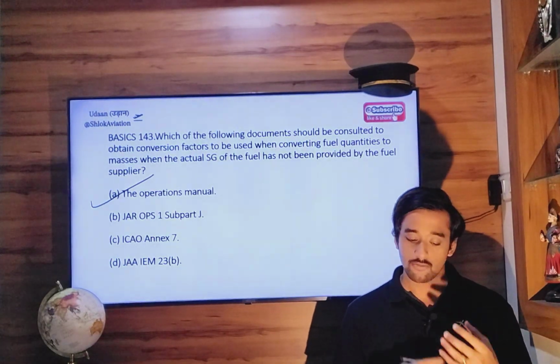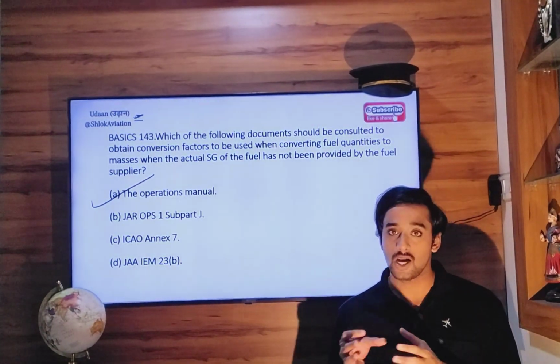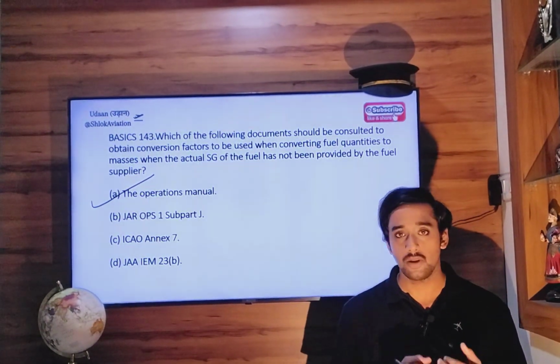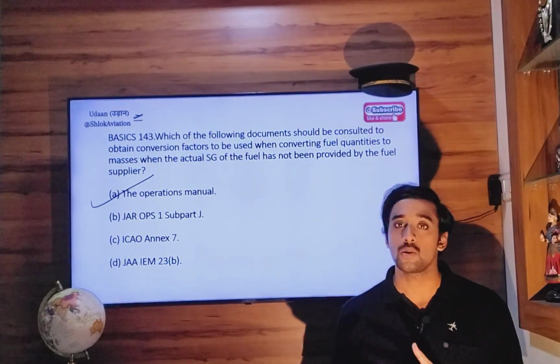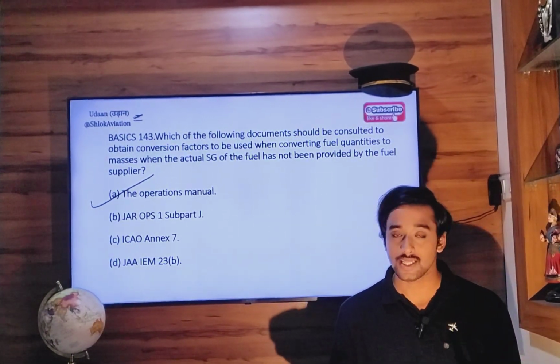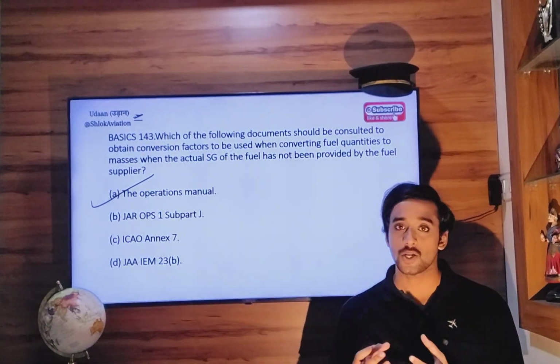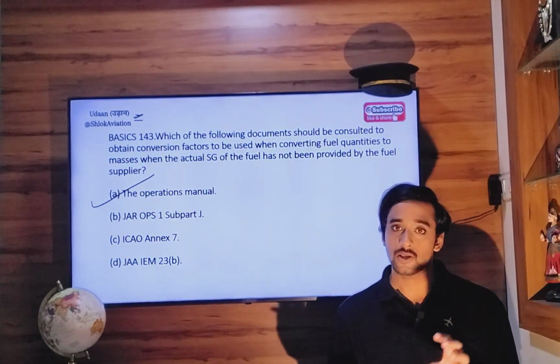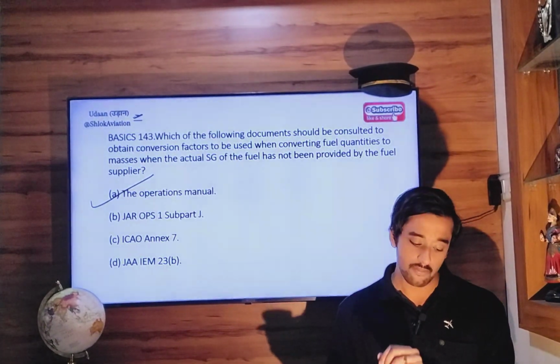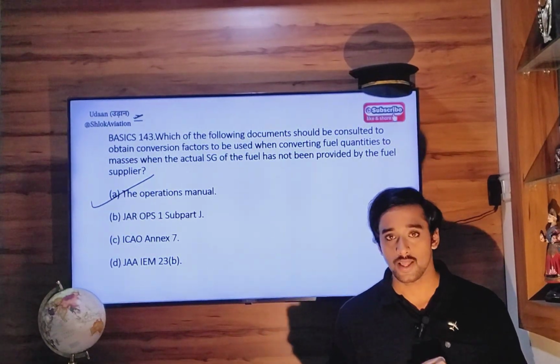You will know the volume of the fuel in liters, and if you want to convert that into corresponding mass in the absence of specific gravity, the procedure will be mentioned in the operations manual.